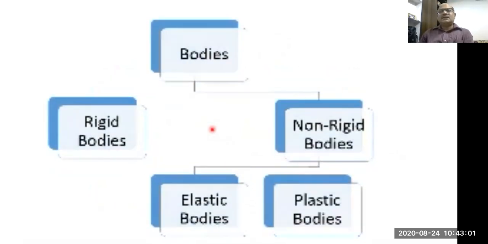And we can divide bodies into two types, rigid bodies and non-rigid bodies. The non-rigid bodies can be considered as elastic bodies and plastic bodies. So we can easily discuss what elastic bodies actually are.